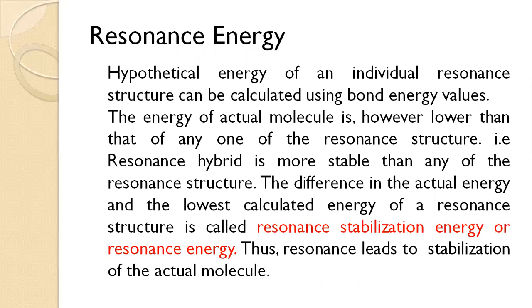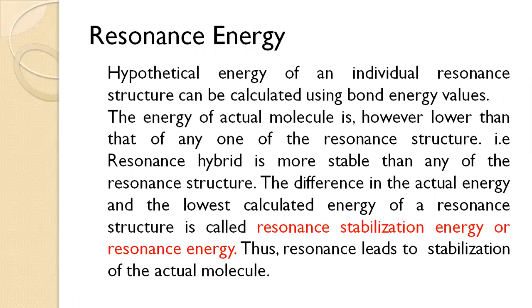This is about resonance energy, also called resonance stabilization energy. It is the hypothetical energy of an individual resonance structure. It can be calculated using bond energy values. The energy of the actual molecule is, however, lower than that of any one of the resonance structures. That is, the resonance hybrid is more stable than any of the resonance structures.